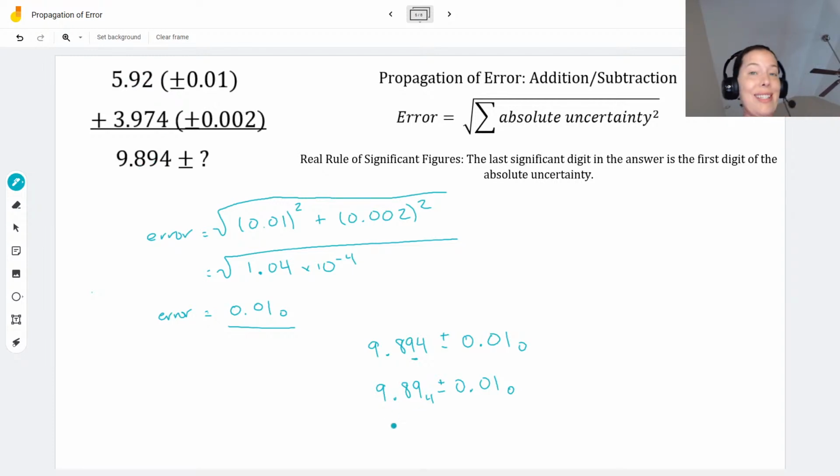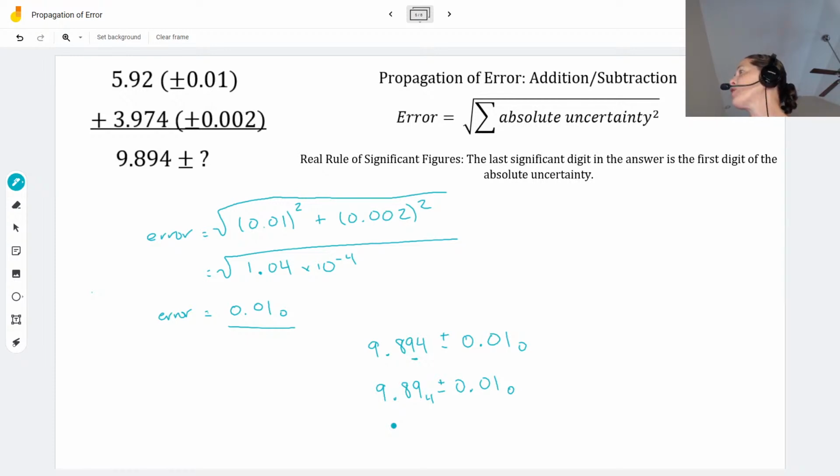And that's actually exactly where we ended up with our error as well. This is why usually you learn just your plain old rules for sig figs first, and then you come along later, usually in a second semester of Gen Chem or an analytical chemistry course, and learn how to propagate error and get to the real rule of sig figs. But your general set actually works pretty well too.